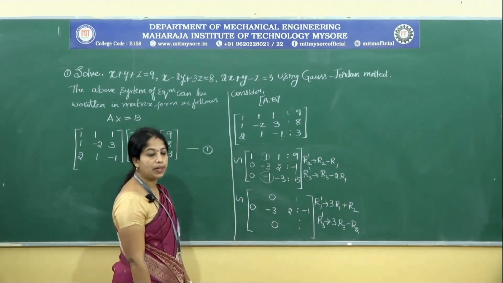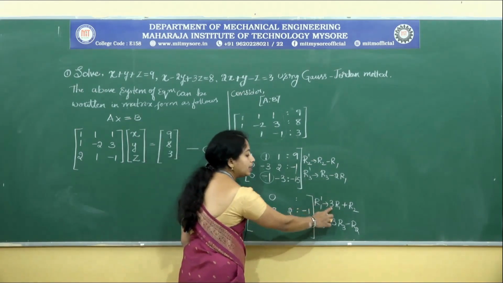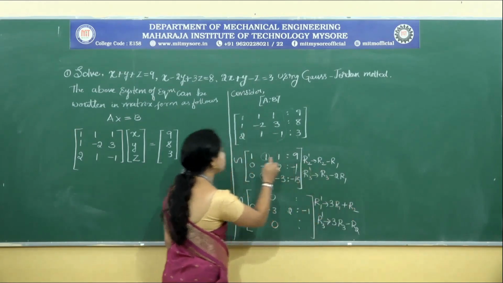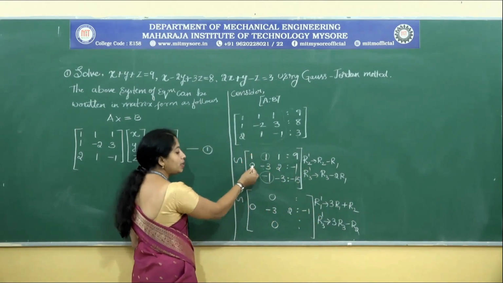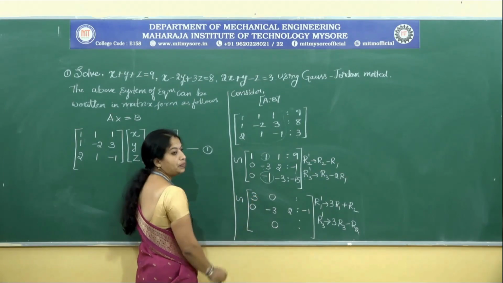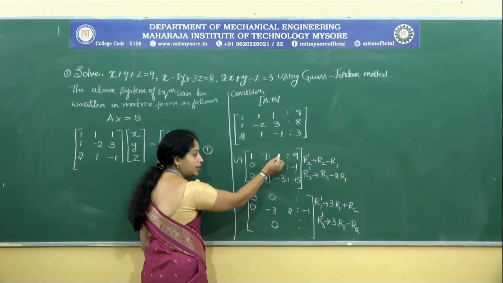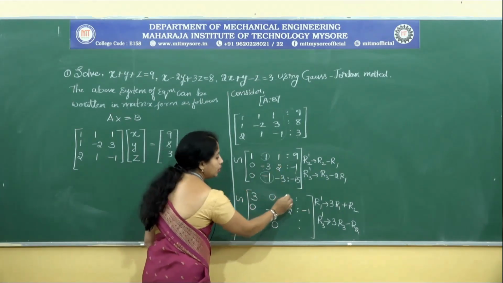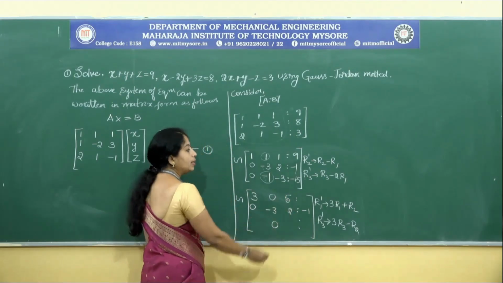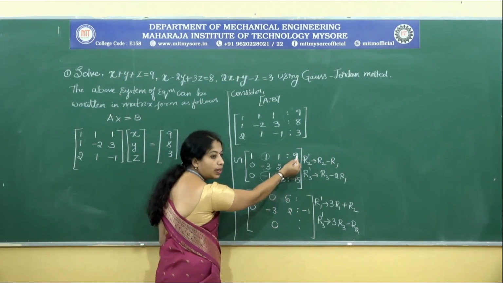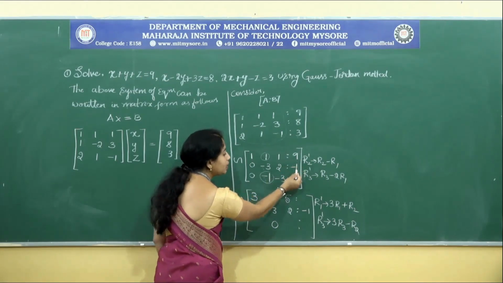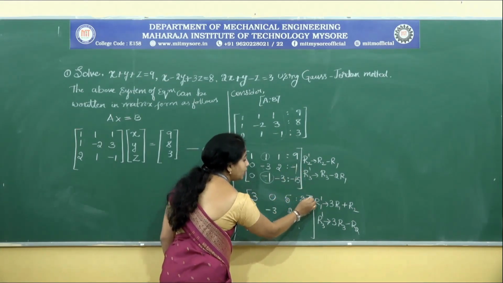Now see the first row operation, R1 dash equals 3 times R1 plus R2, that is 3 times 1 plus 0, you will get 3. 3 into 1 plus 2, you will get 5. 3 into 9 is 27, 27 minus 1, you will get 26.